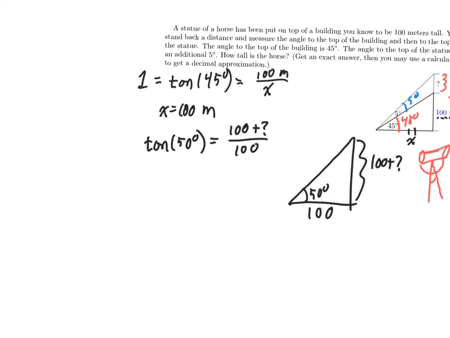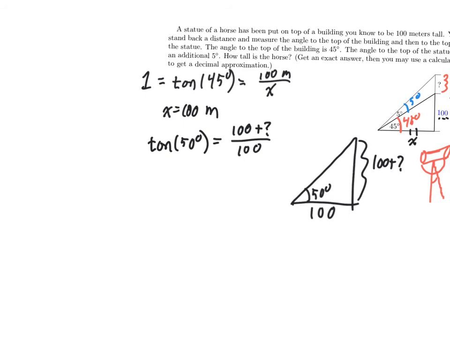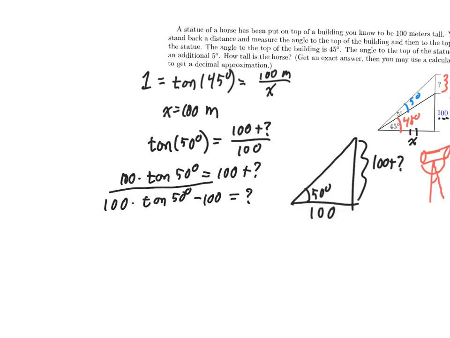Solve that for question mark. So I guess one way to do it is multiply the 100 to the other side. 100 times tangent 50 degrees is equal to 100 plus question mark. So 100 times the tangent of 50 degrees minus 100 is equal to question mark. So there's the exact value of the height of the horse. There's the exact answer.